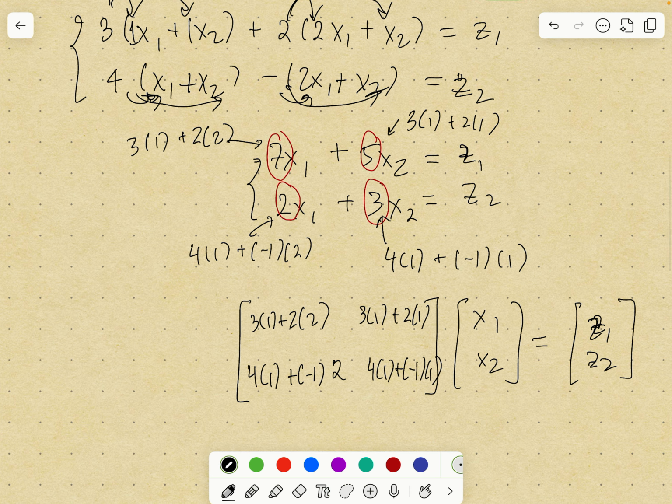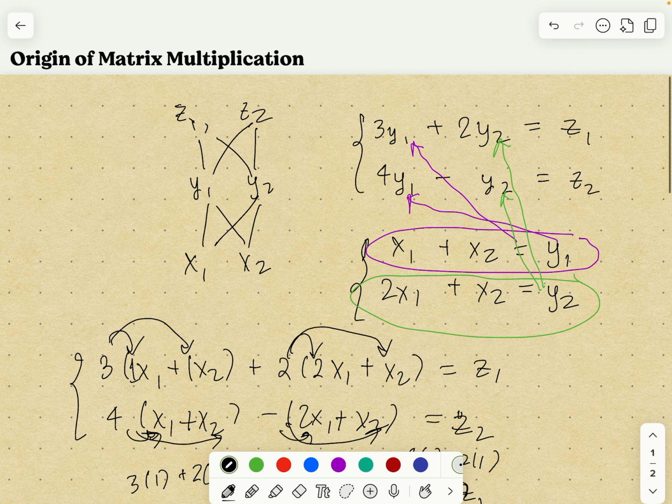These numbers are from the first two equations and then the second two equations.